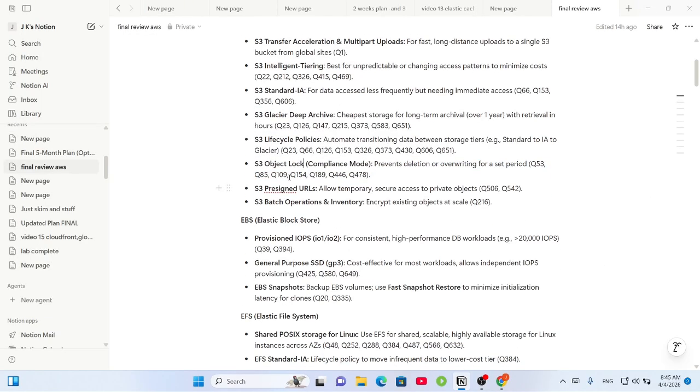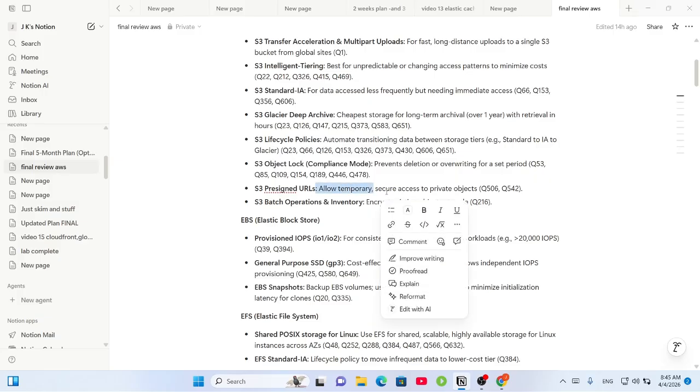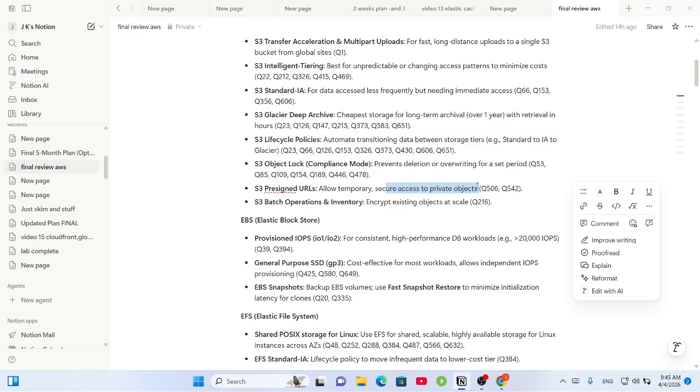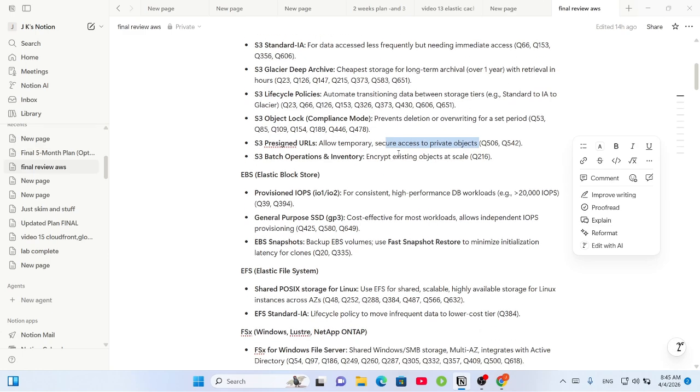And we have S3 pre-signed URL. We said these are temporary URLs that allow temporary and secure access to private objects. Let's say you keep your S3 bucket private and you don't want to make it public.